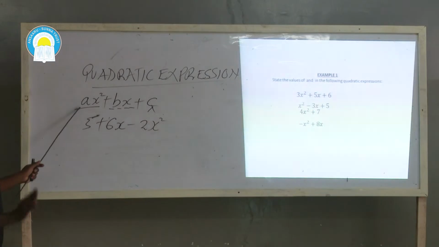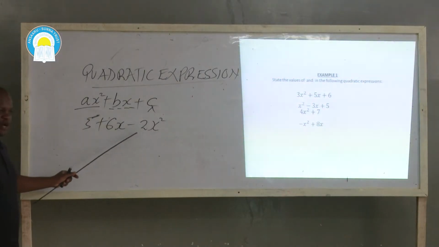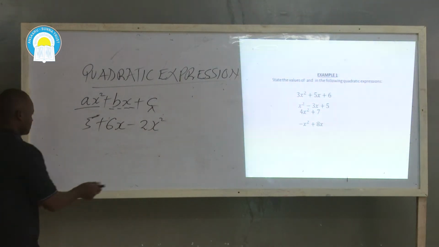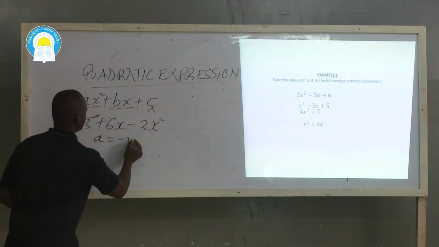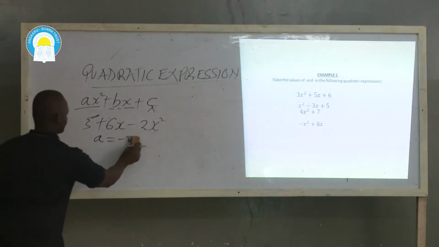Now, our a, the rule is simple. What's our a? Coefficient of the quadratic x. In our case here now, our quadratic x is at that far end. So what becomes of our a? Negative 2. Are we together? So we say, in this case, a is negative 2.